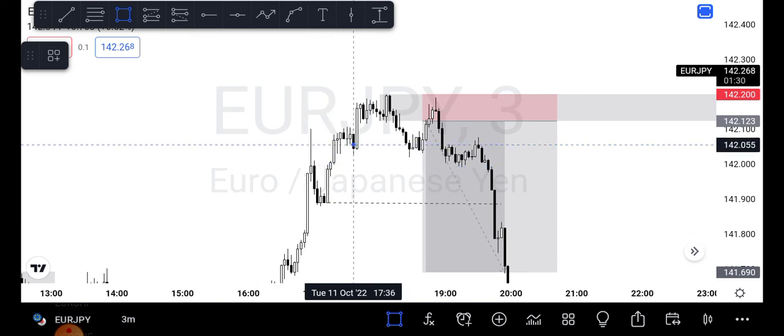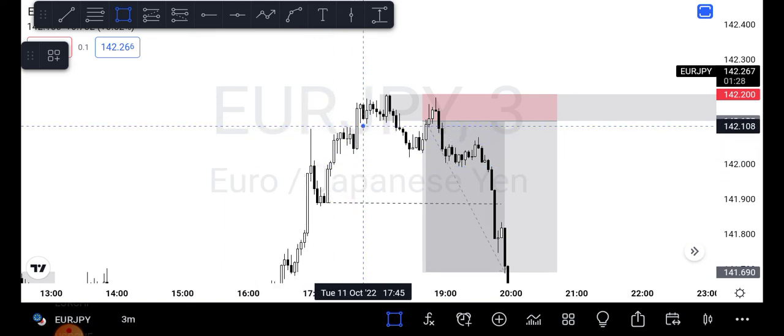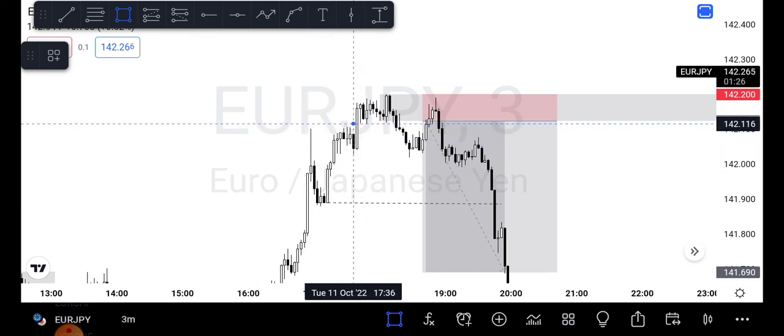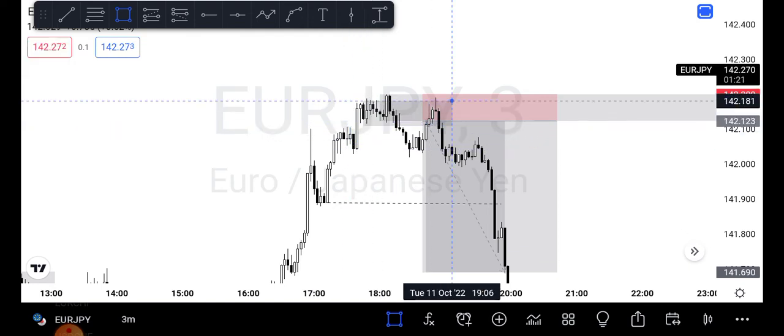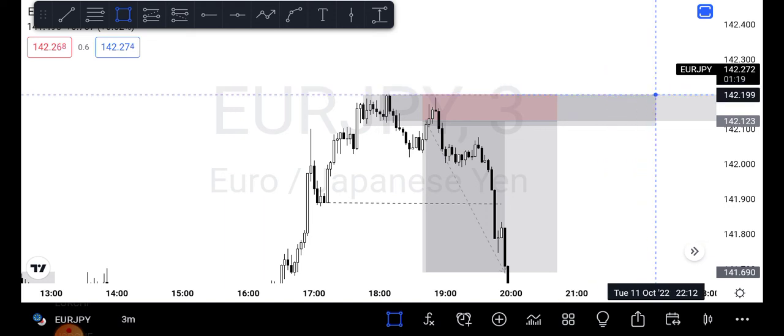Now let's short from the zone. If I want to use a zone, it's very close. This is still very close to the order block, but let's see.